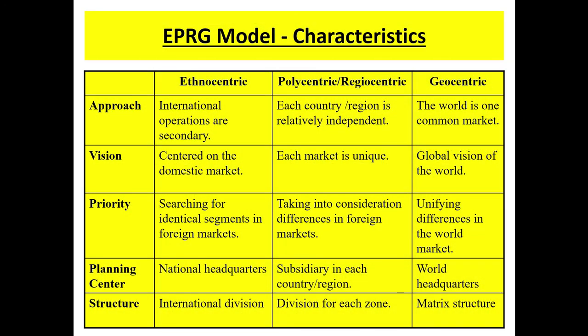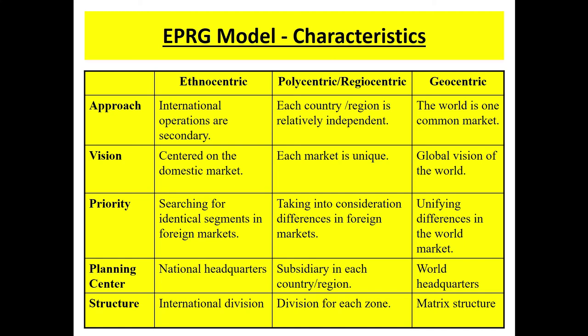In addition to that, if you take a look at the EPRG model in terms of approach, vision, priority, planning center, and structure. In ethnocentric, of course, international operations in terms of approach are secondary.